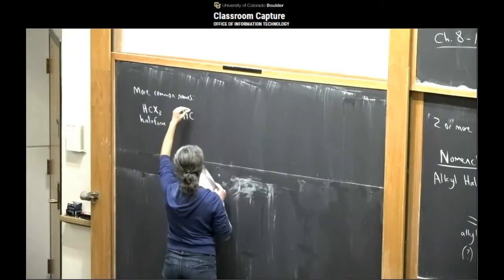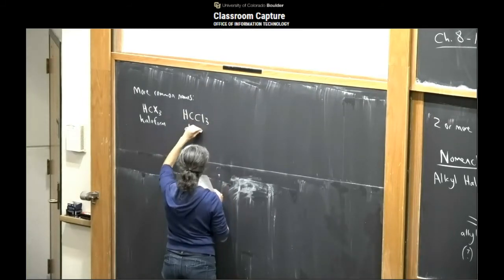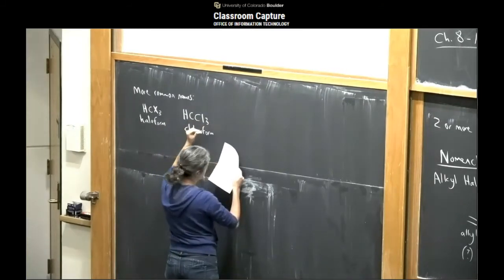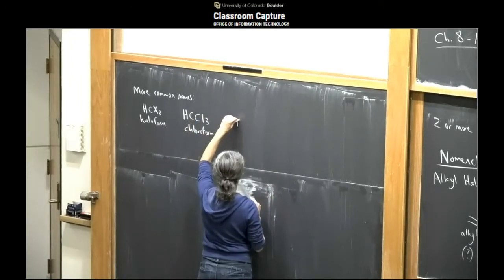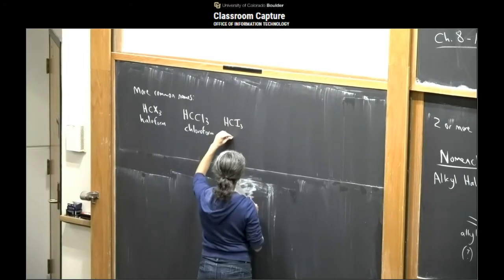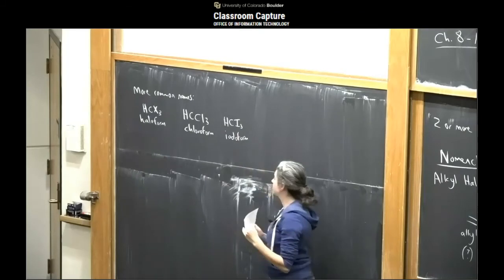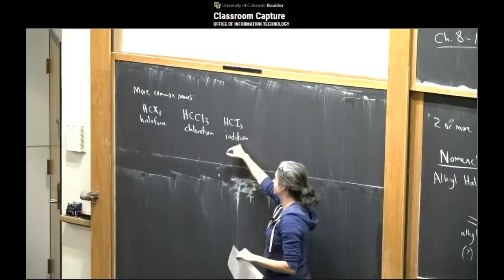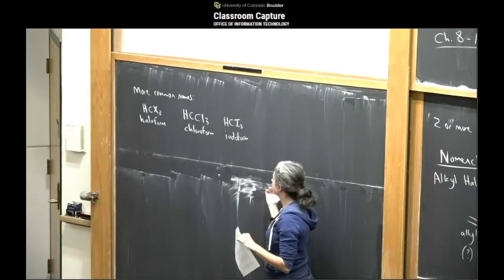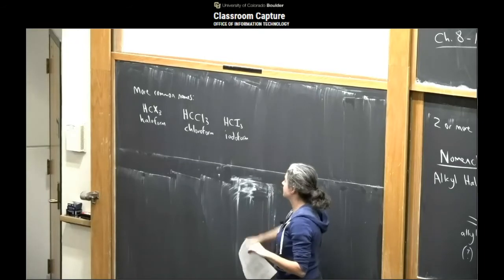So carbon with 1 H and 3 chlorines is chloroform. We can also do some other halogens, so like HCI3 would be iodoform, which interestingly is a bright yellow powder that smells really medicinal, and it turns out is a pretty decent antibiotic. So this was actually used really heavily in World War I in hospitals to disinfect a lot of stuff.